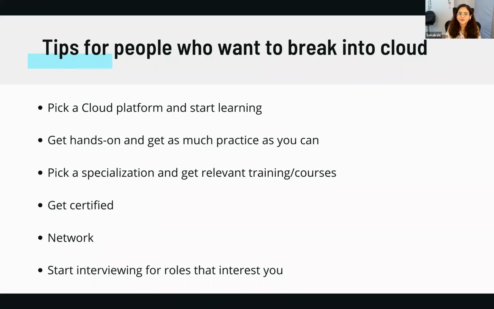To be honest, there are three cloud leaders in the market right now. The first one is AWS, Amazon Web Services. The second one is Microsoft Azure. And the third one is Google's cloud platform. Based on your inclination and your past experience, my advice is just choose a cloud platform and get started with it. Start getting in depth into it.